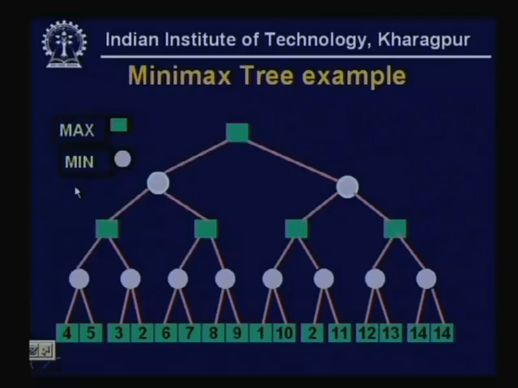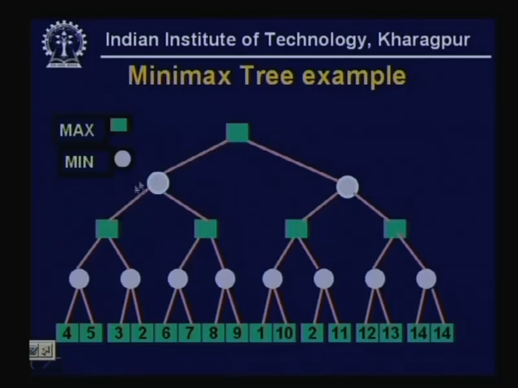So, before we answer this question, let us trace alpha beta pruning over a slightly larger tree and see how it works, and then we will discuss how many nodes are pruned under different circumstances. So, this happens to be the schematic diagram of a game tree where the leaf nodes have been assigned certain values.